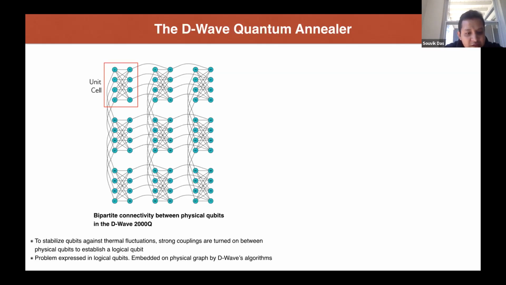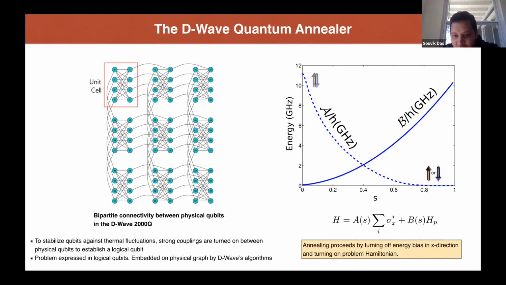And the problem is always expressed in terms of logical qubits, and the D-Wave company itself gives you some embedding algorithms that take you from the physical graph to the logical graph you're looking for. Okay, so on the right, as I said, the annealing proceeds by turning off one of the potentials, which is the A potential, and turning on the B potential, which is the problem Hamiltonian. Okay, so that's the whole thing.